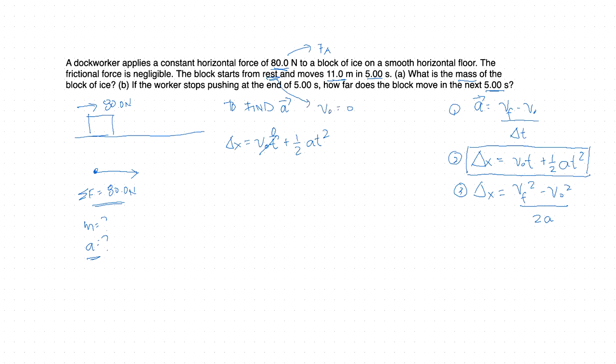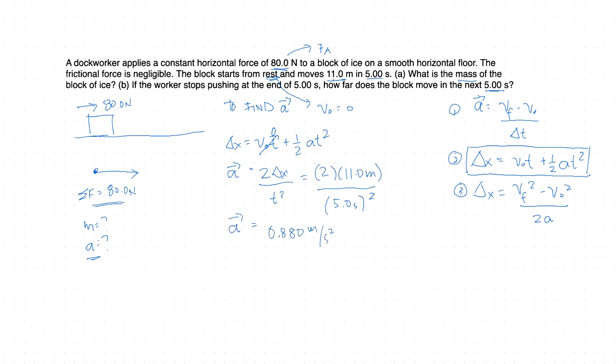So we can find the acceleration is equal to twice the displacement over the squared value of the time duration. It is equal to twice the 11 meters over the squared value of 5 seconds. So we can find the acceleration is equal to 0.880 meters per second squared.